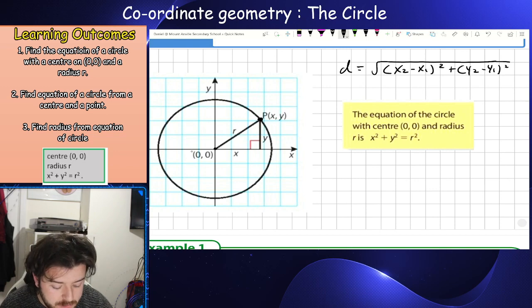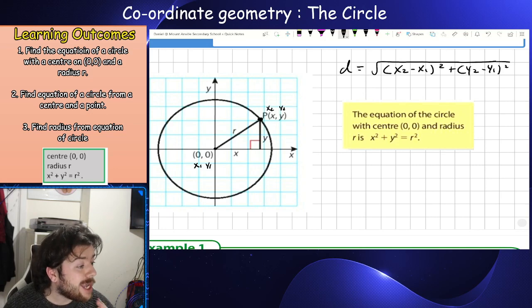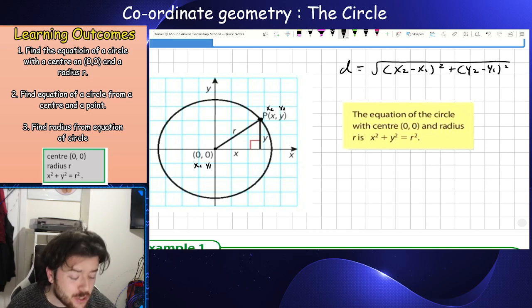So my first point is my center, x1, y1, and I have this x, y point, so I'm going to call that x2, y2. And I know the distance between these 2 points is my radius, because I'm picking a point on the circumference of the circle.